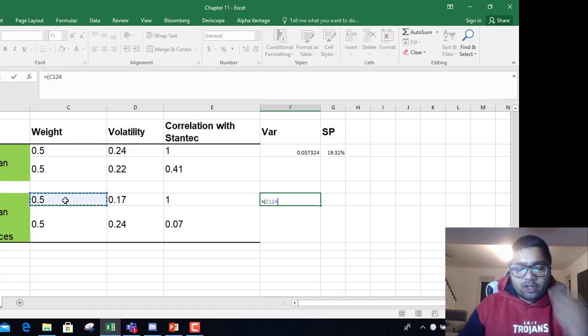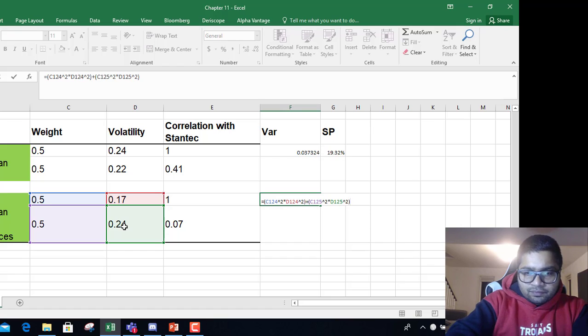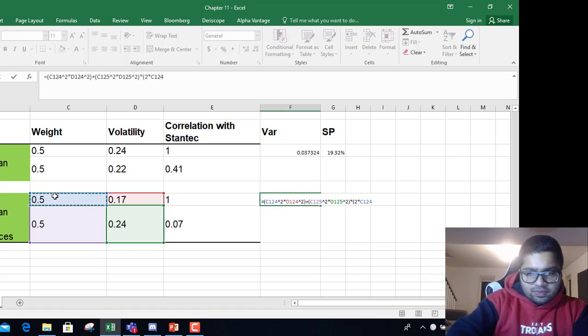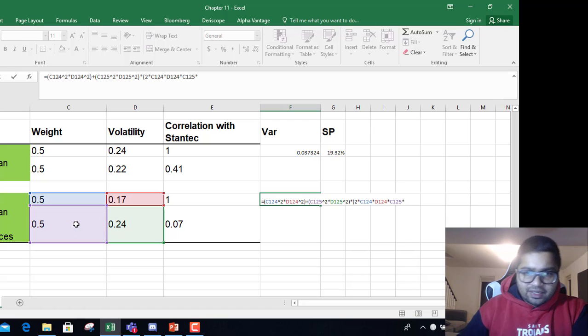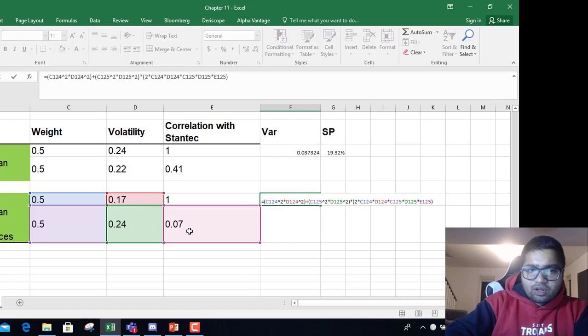The weight of Loblaws squared into the standard deviation of Loblaws squared, plus the weight of CN squared into the standard deviation of CN squared, plus 2 into everything: the weight of Loblaws, standard deviation of Loblaws, CN weight, standard deviation of CN, and the correlation between Loblaws and CN.